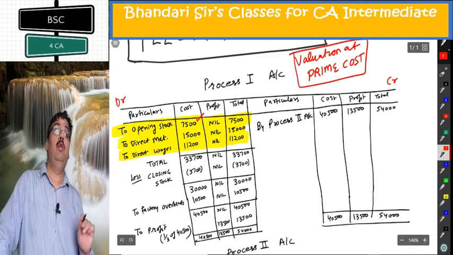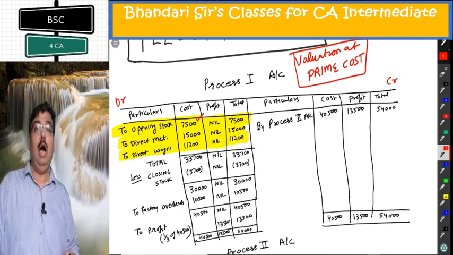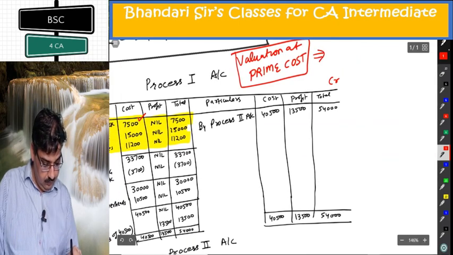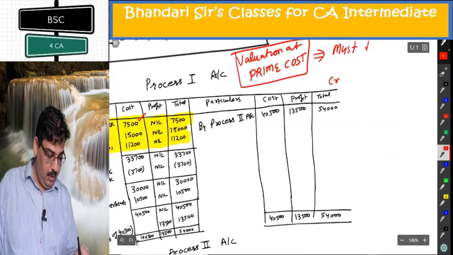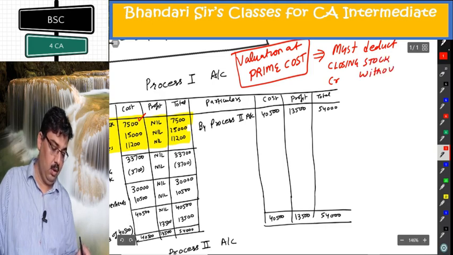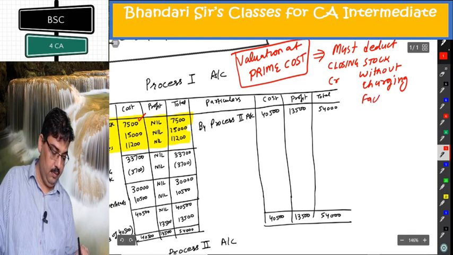What I taught you, when valuation is at prime cost, I must deduct closing stock without charging factory overheads.